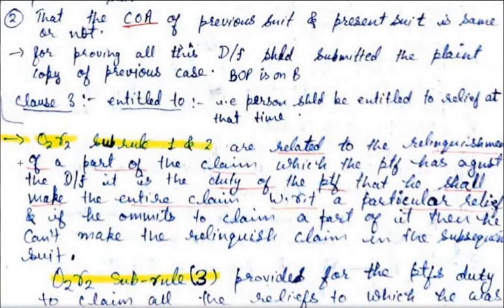I will dictate on both, but particularly we will talk about clause 3, that is more important. अब एक पैराग्राफ तो आप लिखो सब रूल 1 and 2 के लिए, ऑर्डर 2 रूल 2 सब रूल्स 1 and 2 are related to the relinquishment of a part of the claim which the plaintiff has against the defendant.